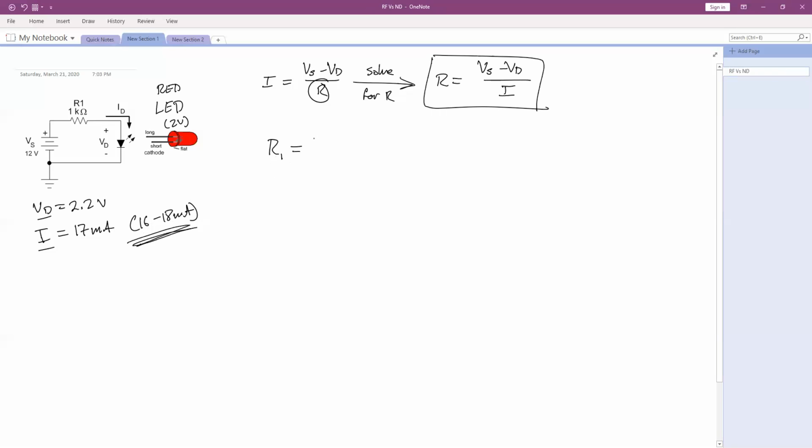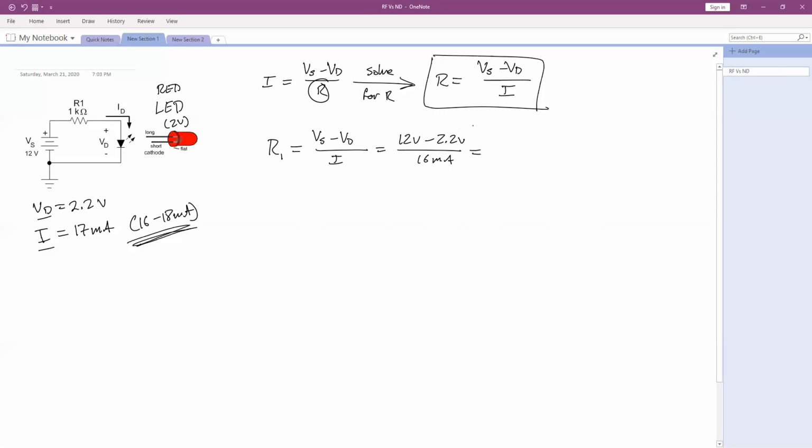So we've got Vs minus Vd, and that is over our first value, which is our lower current value. So we've got 12 volts minus 2.2 volts. That's divided by 16 milliamps.